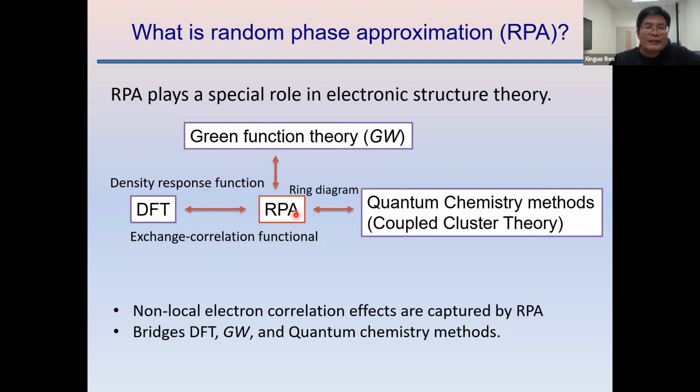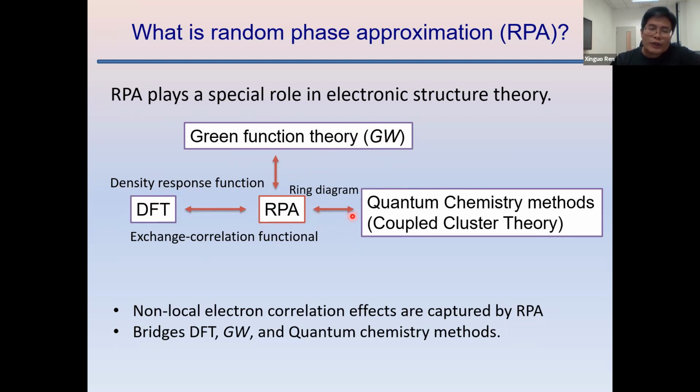The connection between RPA and GW is that for electronic systems, the so-called density response function is used and computed in both. Nowadays with RPA, we normally use it for ground state energy calculations, and for GW we use it for self energy and electronic excitation energy calculations.